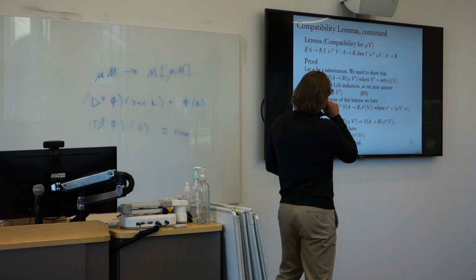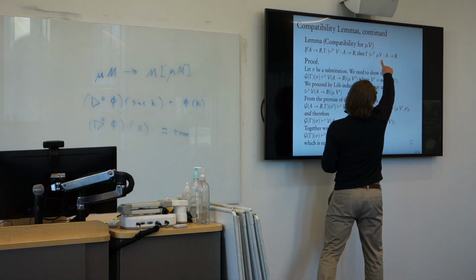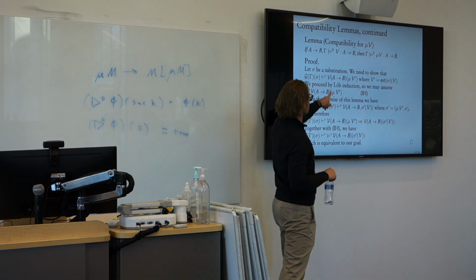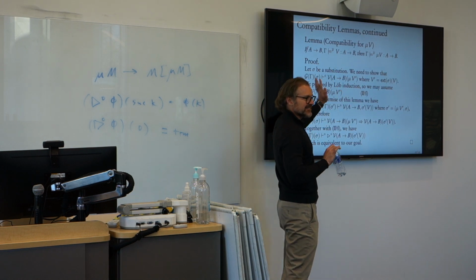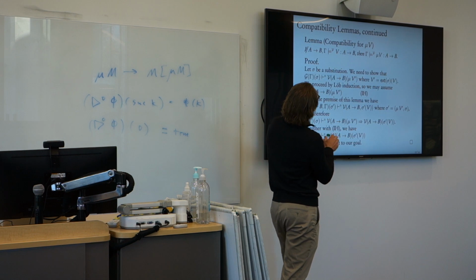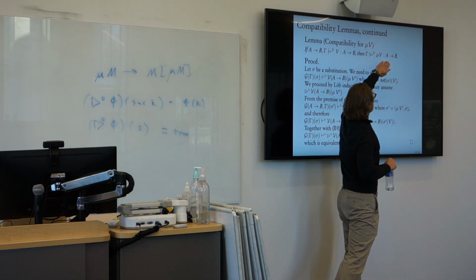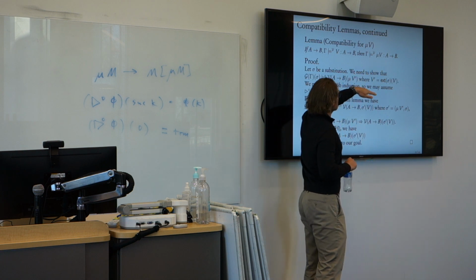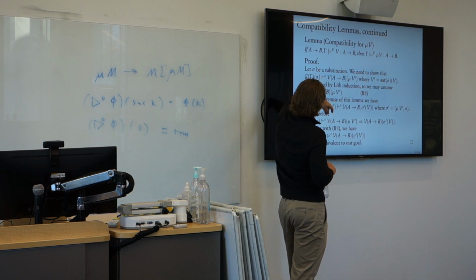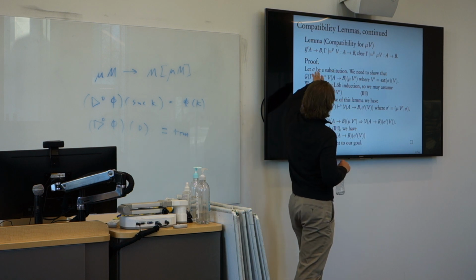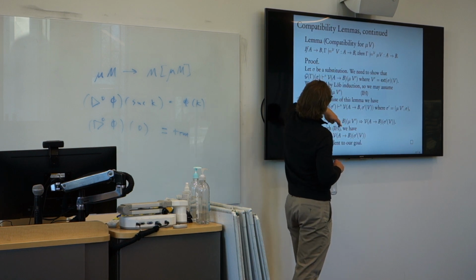So this is the one from you. One of the interesting things about this slide is that we're going to end up using lob induction. Okay, so that's exciting. Here's our induction hypothesis, and here's what we want to prove, that mu is well behaved. We're going to start out by saying, let S be any old substitution.